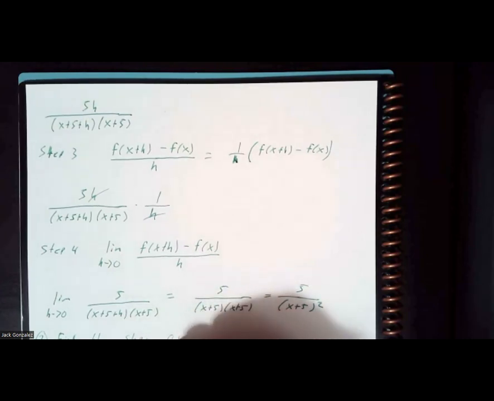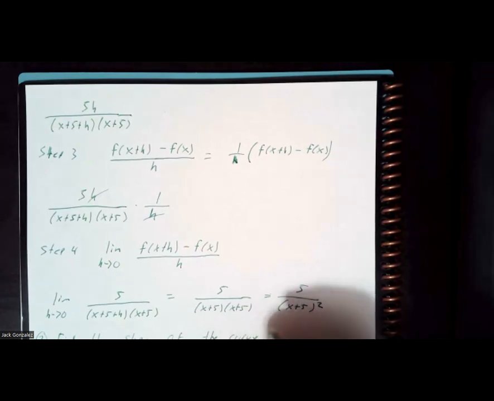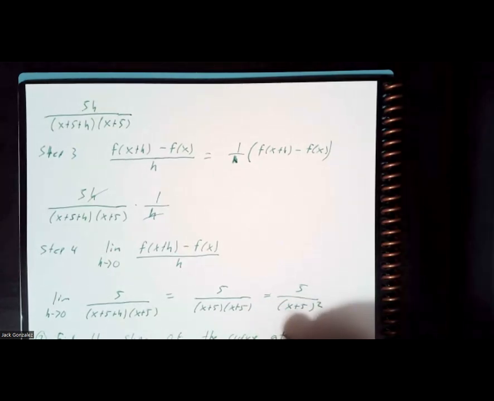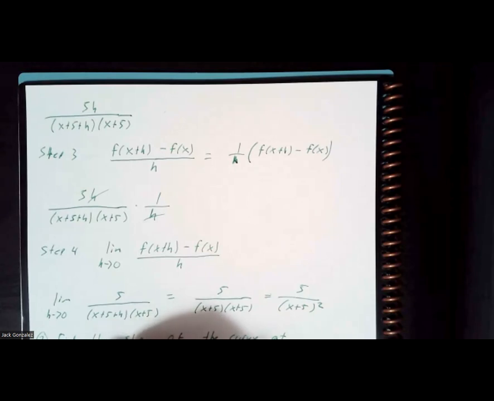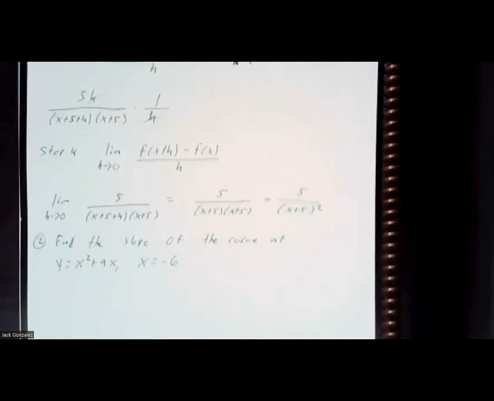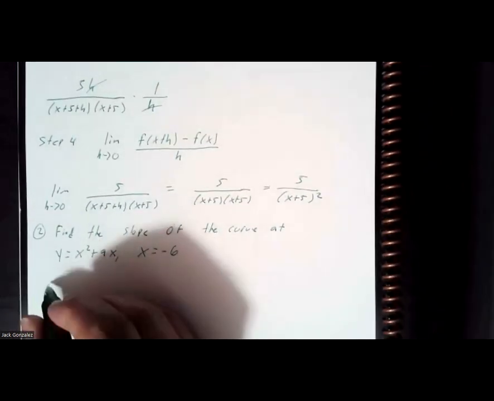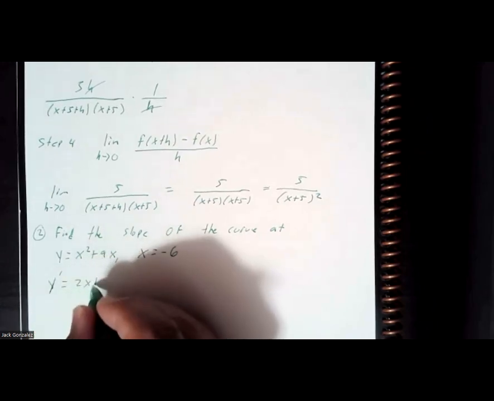Find the slope of the curve y equal to x squared plus 9x at x equal to -6. So all you got to do is take a derivative, which would be 2x plus 9.